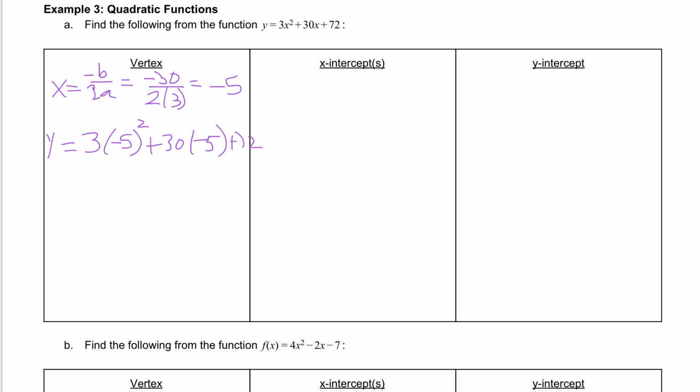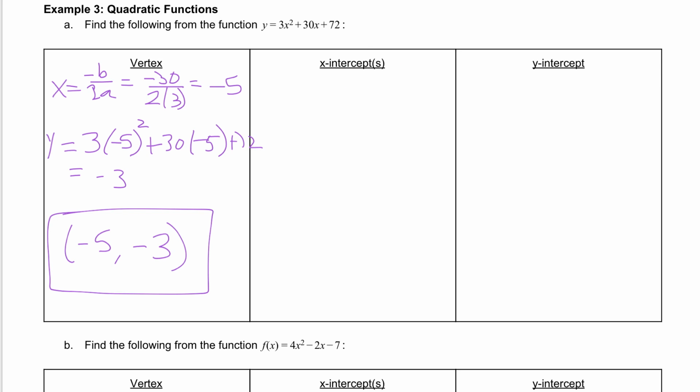You can plug that all in your calculator at one time, and you should see that you get negative 3. Which means our vertex is the point negative 5, comma, negative 3. We got negative 5 for the x-coordinate, which goes there, and negative 3 for the y-coordinate, which would go second. So here's our vertex.